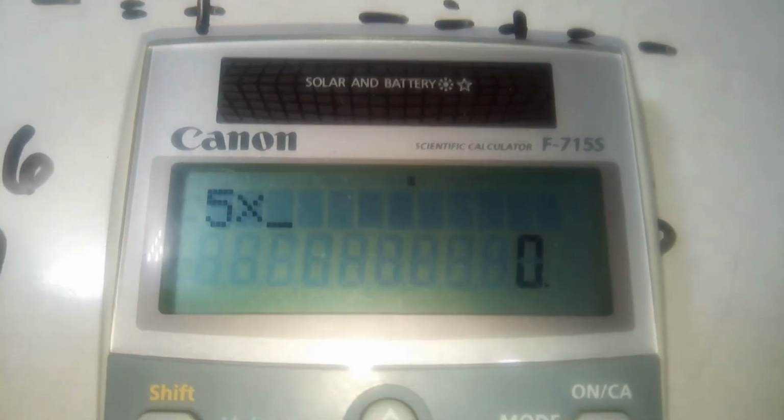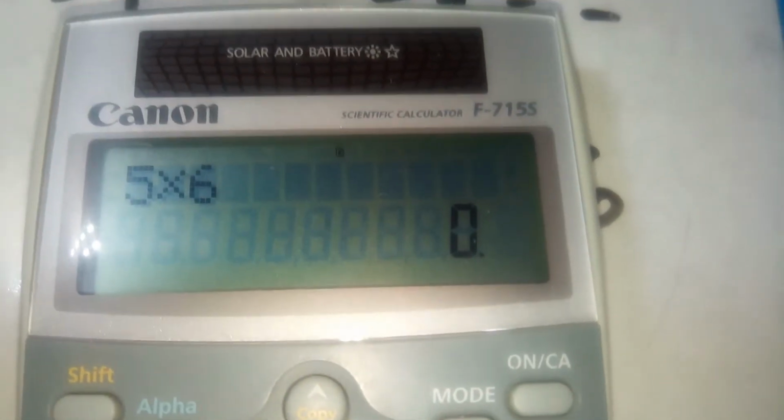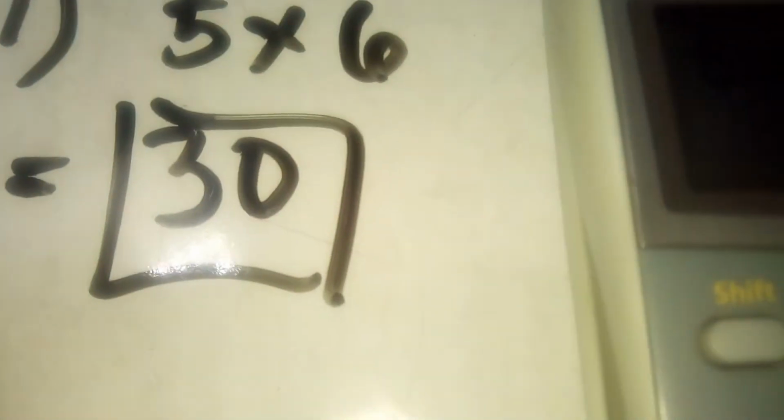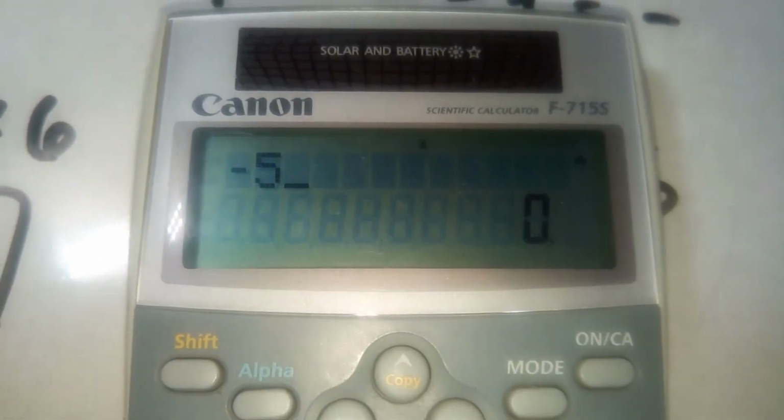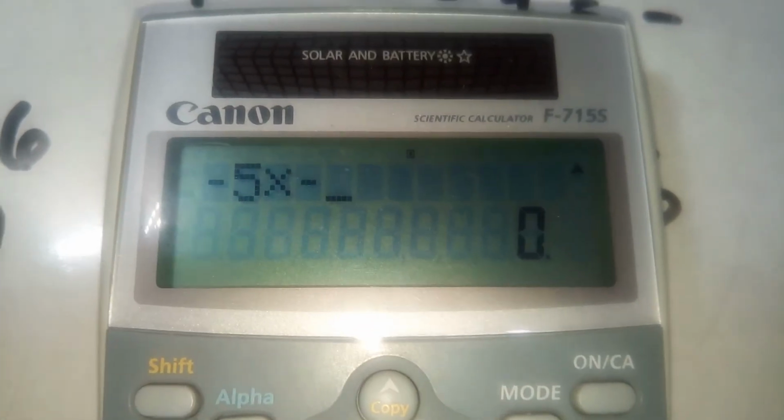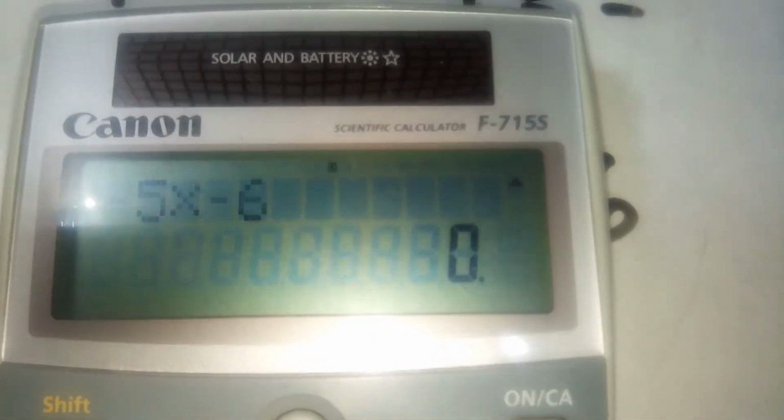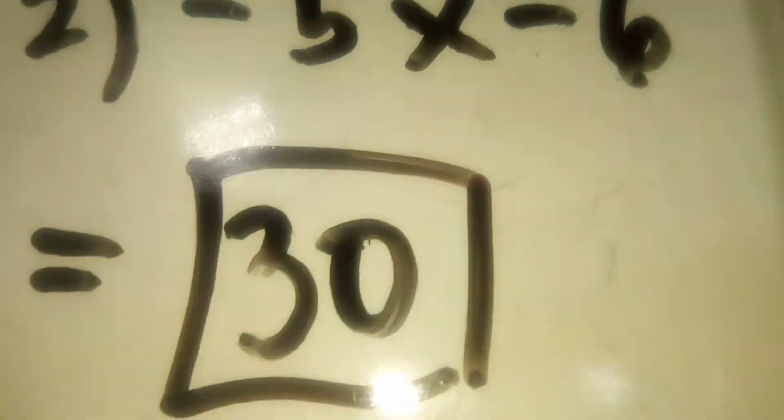Positive 5 multiplied by positive 6 equals 30. The same. Negative 5 multiplied by negative 6, the result will be 30 also.